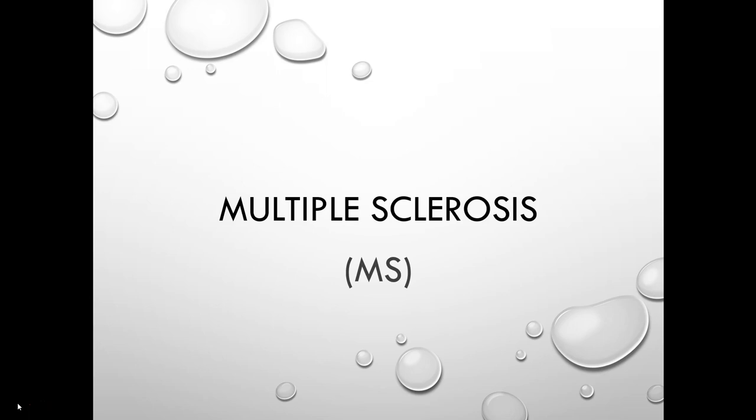So these patients with multiple sclerosis, they can have what we call immunomodulators, like interferon. That's one of the most common medicines given to them. There is no cure for it, though.